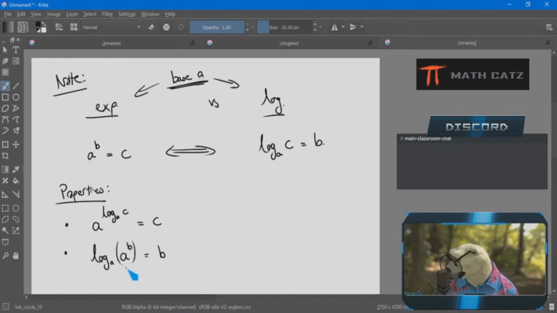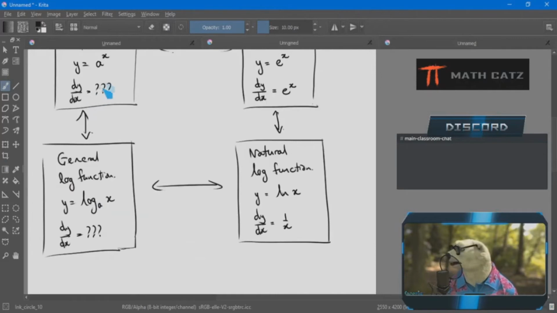Because inside the log, I have a number, an exponential calculation. What is the power of a that would get me a to the b? Obviously b, right? If you understand how these things are related, these are trivial. Okay. Now, let's put a pin in this because we're going to need this guy when we are up here in the general exponential function.